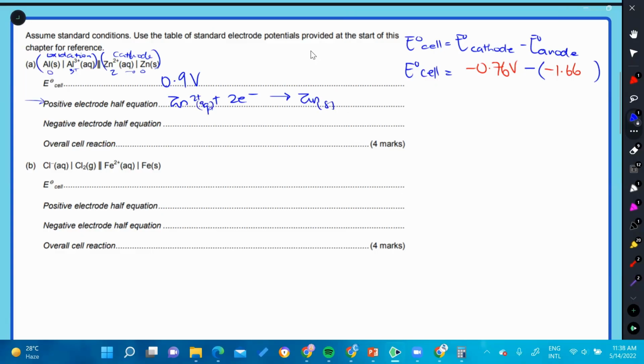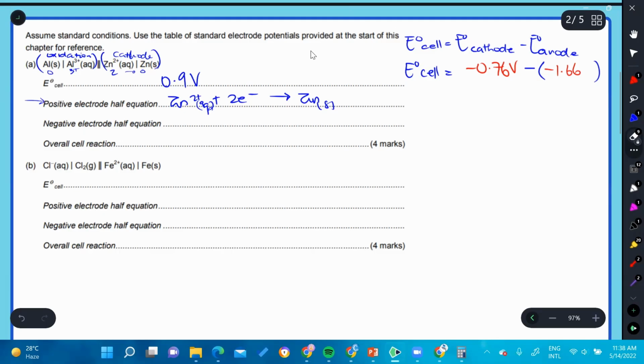So you can check if everything balances out. When something balances out, you have the same number of species as well as charges on both sides. The charge of zinc on this side is 0. And the charge here is 2+, but 2 electrons cancel it out because electrons are negatively charged, right? So you would have plus 2, minus 2, which together is 0.